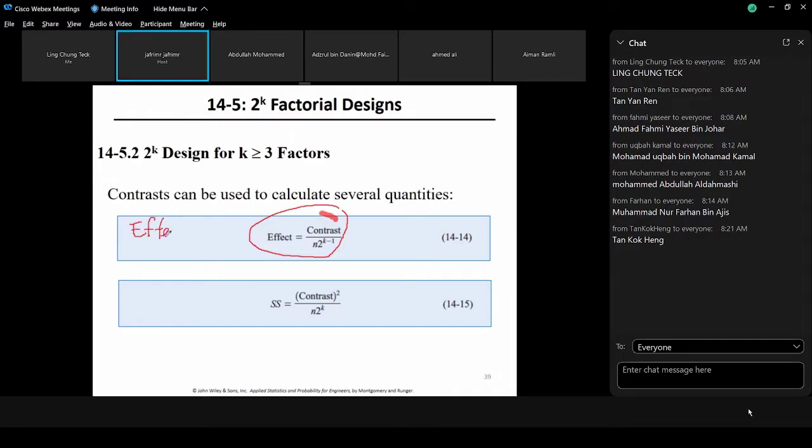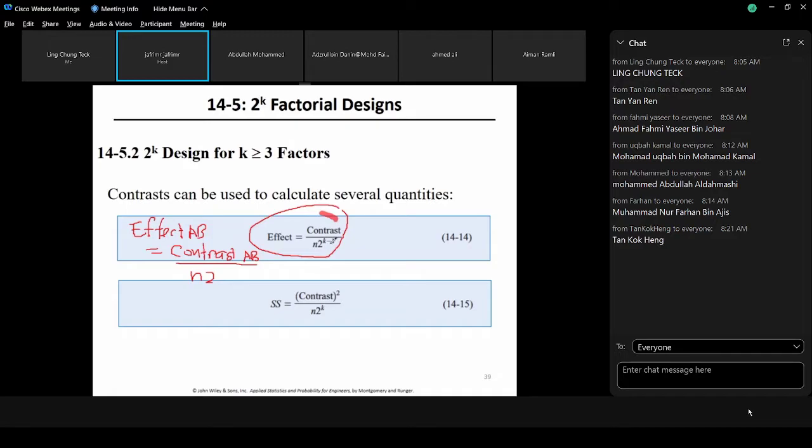For example, you want to know the effect of AB: effect of AB equals contrast AB, that I just derived for you, divided by N number of replicates times 2 to the k minus 1, where k is the number of factors.